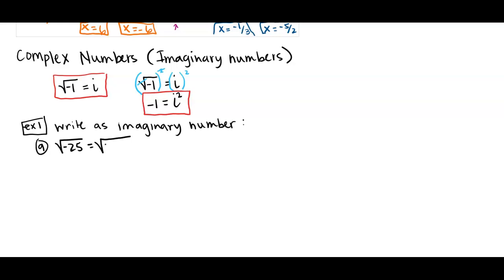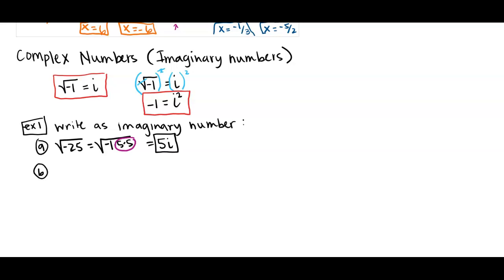Or I can think of it as negative 1 times 5 times 5. Right? And then I have two of the same, so the 5 gets to come out. And then that square root of negative 1 instead is i. And so my answer is just 5i. Whenever you see that negative inside there, you're just going to be writing it as an i instead.